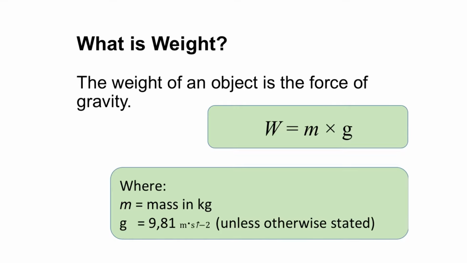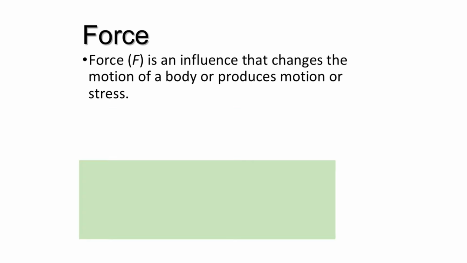And then now, we want to look at the force. What do you mean by a force? We say a force is an influence that changes the motion of a body, or you can say it's an influence that produces motion or stress.